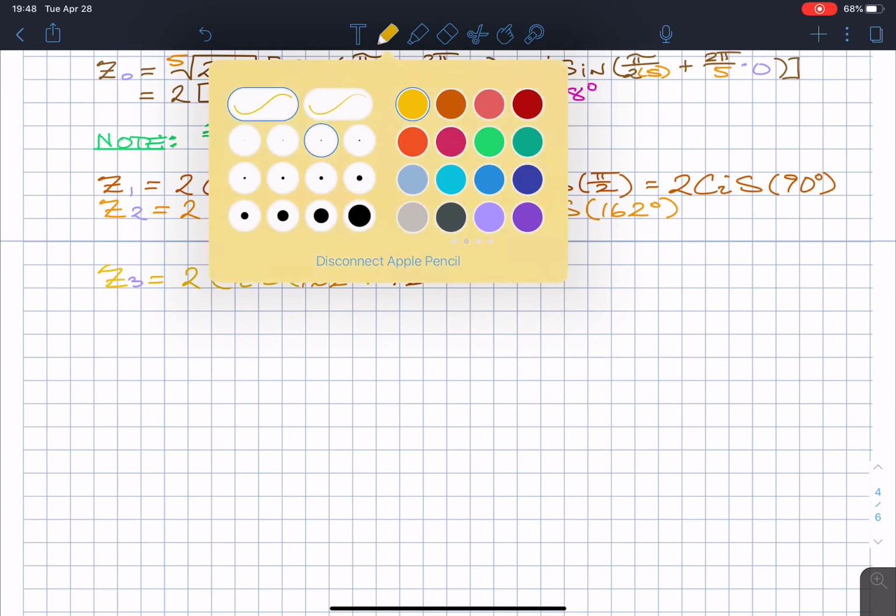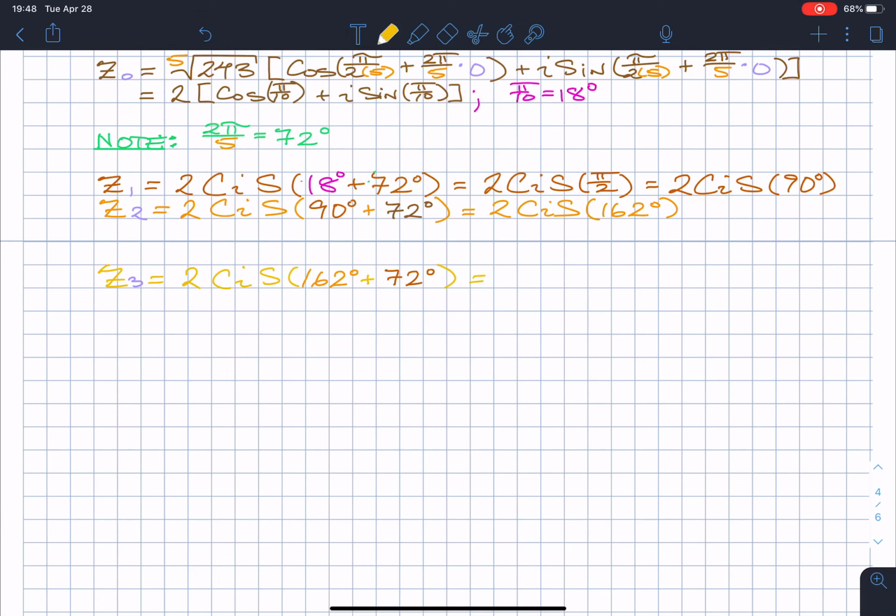Okay, so let's figure this out. 2 cosine plus i sine. So 162 plus 72: 6 and 7 is 13, so 160 plus 70 will be 230, and there's 4 extra, so 234 degrees.